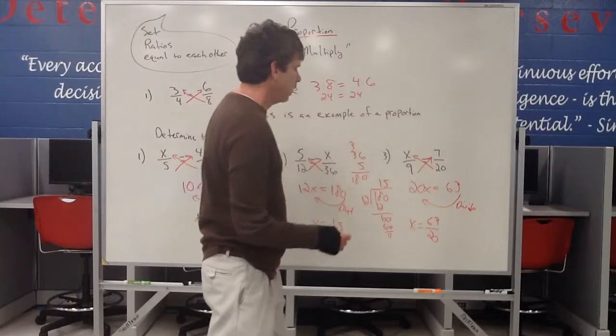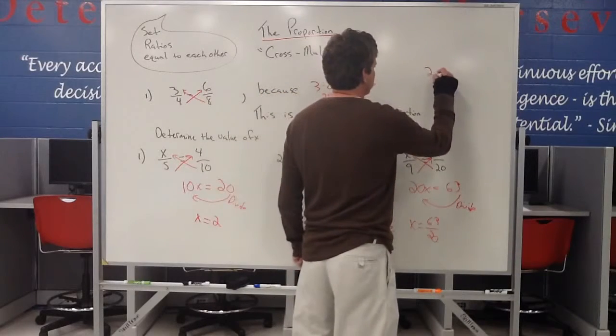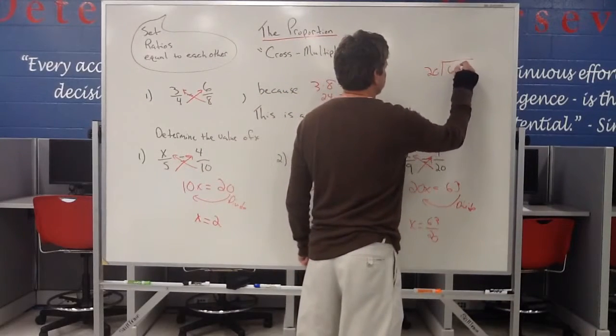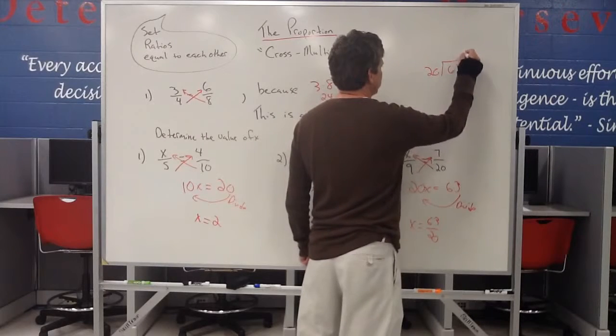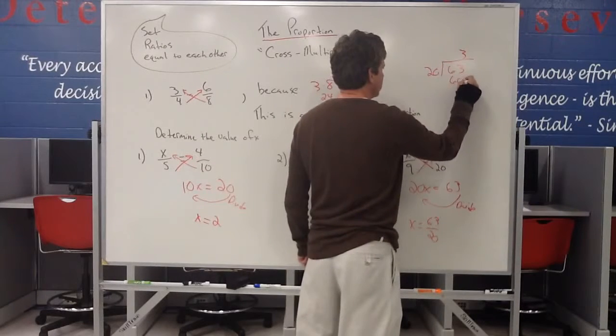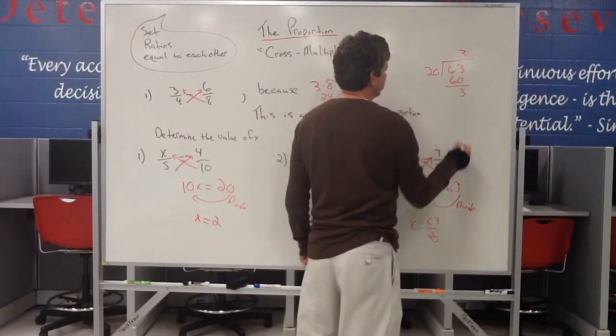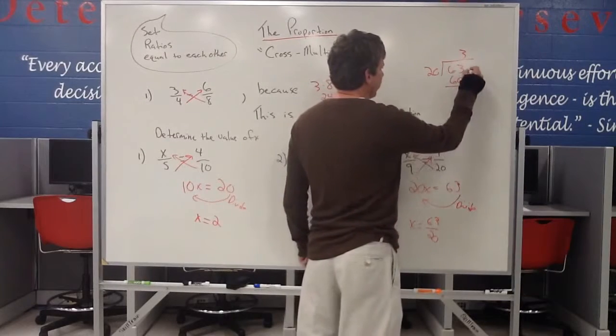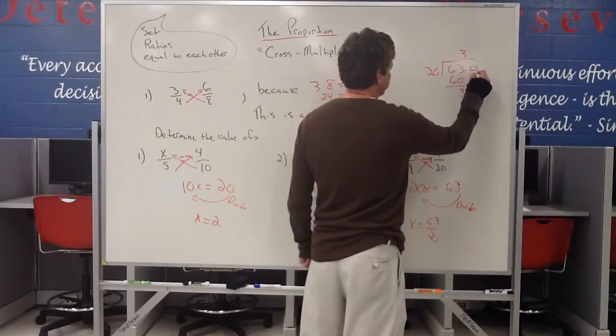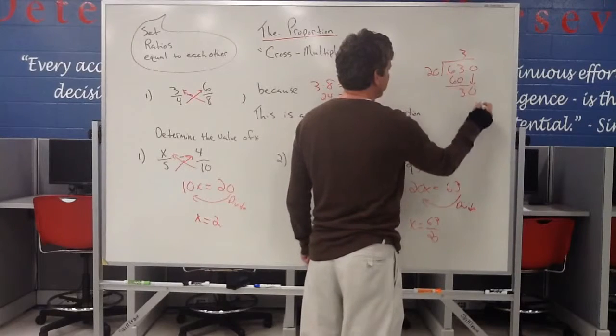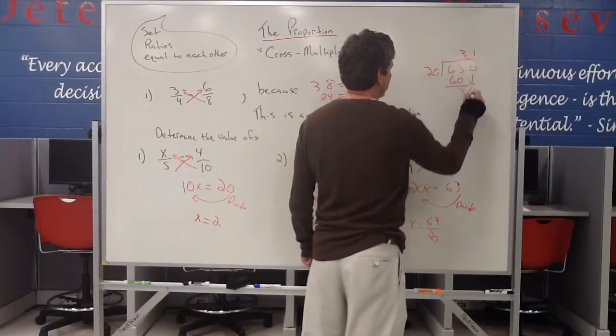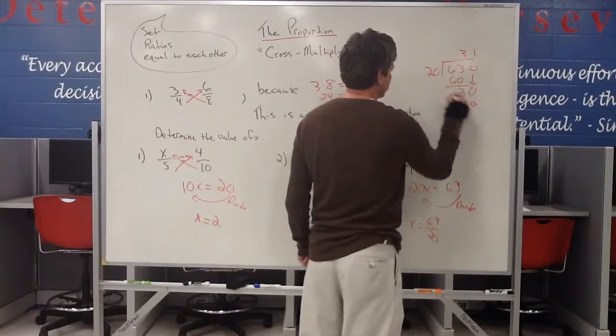If we go ahead and divide that out, I can use some long division. 20 into 63. Looks like 20 goes into 63 about 3 times. That's going to be 60. I get a remainder of 3. If I want to do decimals, I can put a decimal there and add a 0. 20 goes into 30 one time. 1 times 20 is 20.